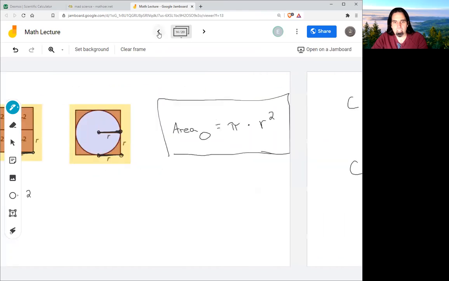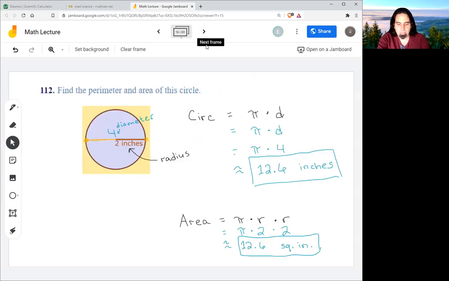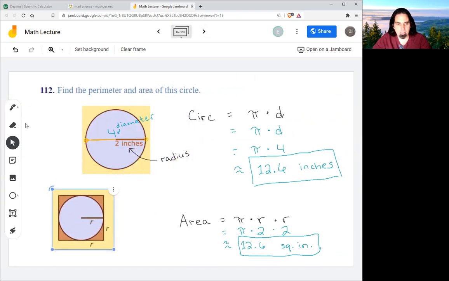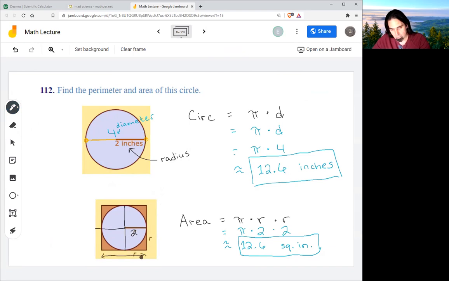So let's go back to this picture. What this was saying is that all of these r's were 2's. So that means this whole thing across the bottom is 4, right? And this whole thing up and down here is 4.